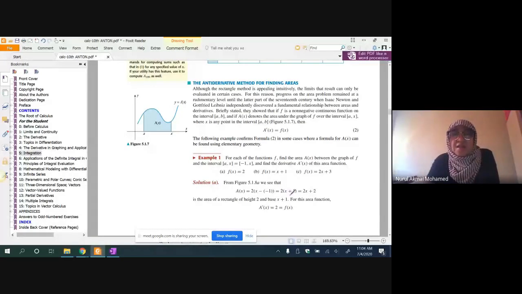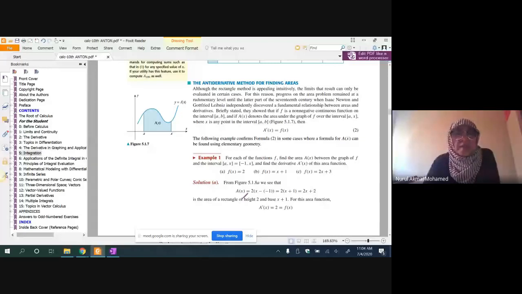So for the area of the rectangle, it will be the height multiplied with the base, so 2 multiplied with x plus 1. So the area function A of x will be 2x plus 2.